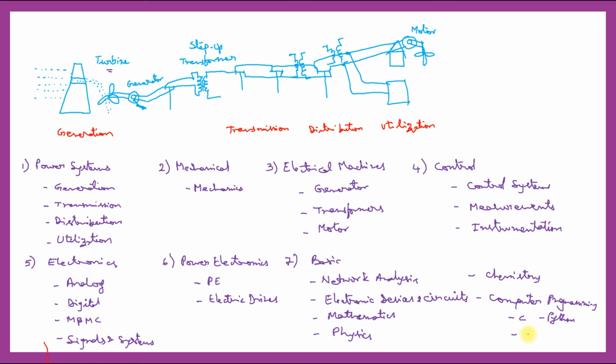Still I will see which courses I might have missed out. Yeah, power system is a very big entity, so maybe generation, transmission, distribution, utilization may not be sufficient. So we can add some other courses like power system operation and control, high voltage engineering, switchgear and protection.